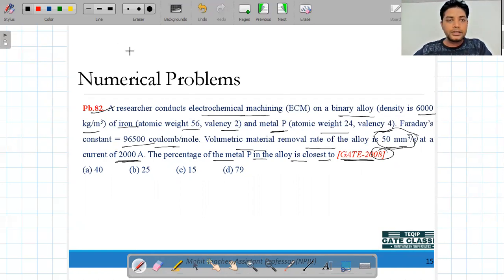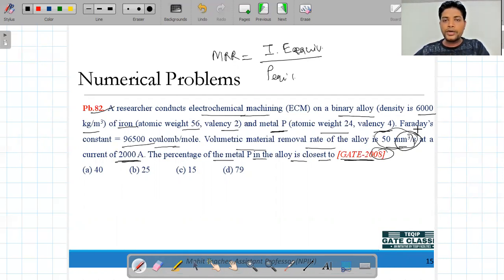So we know how we calculate the material removal rate for alloys, that will be equals to I into E equivalent upon rho equivalent into F. Because it is given in mm cube per second, no doubt we have to consider the rho value as well.